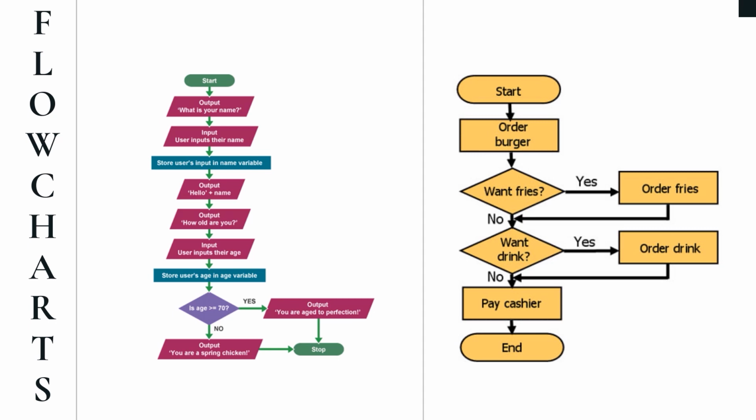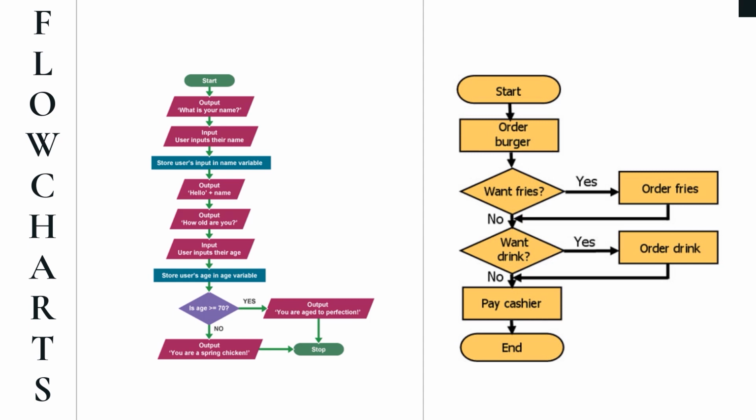And then what's next? Next is, do you want fries? If yes, then order fries. If no, then they will ask you again, do you want a drink? If yes, order drink. If no, then just pay only for the burger and then end.